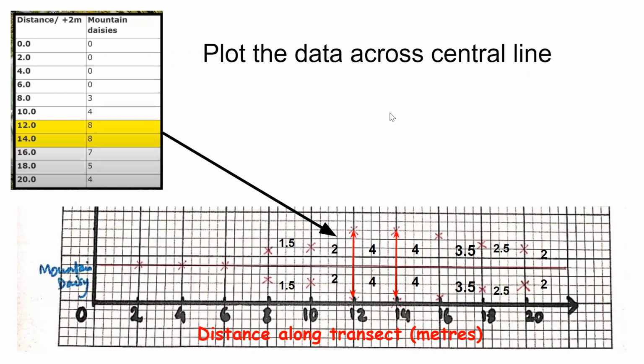Now, this is where students make mistake. They think, okay, all these are 0, 0, 0. Let's start drawing from here. Wrong. If you have made the central line with a pencil, you will start again drawing from here with the pencil and start plotting so that you get a boundary and it will come out as a nice kite shape.